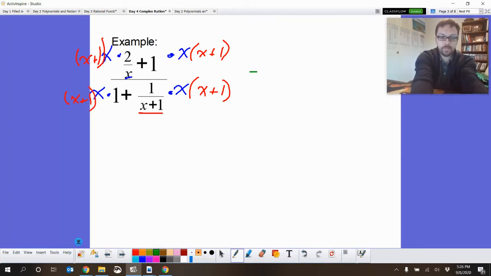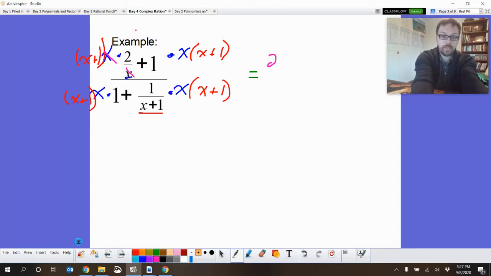So let's see what that ends up equaling. In the first term, I'm going to make that pink right here. In that spot, the 2 x's cancel each other out, which we wanted them to. That was the whole point of multiplying by that blue x, to get rid of that denominator.